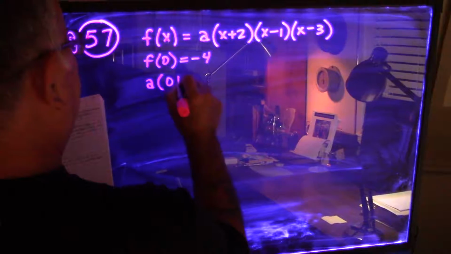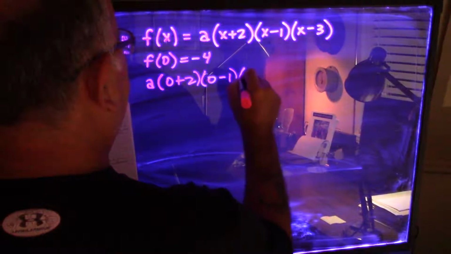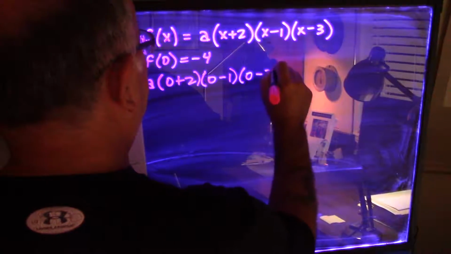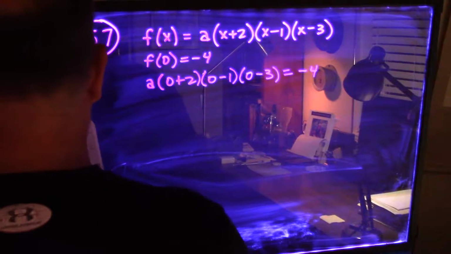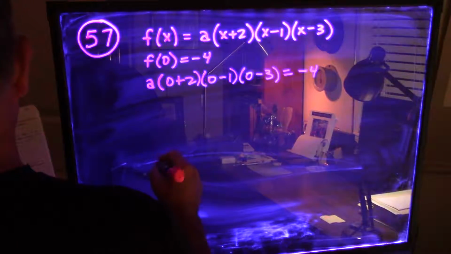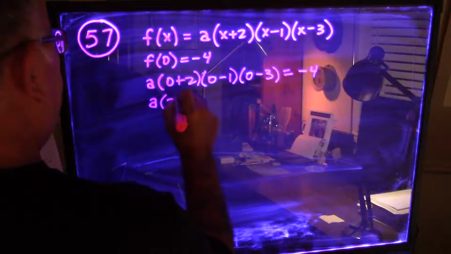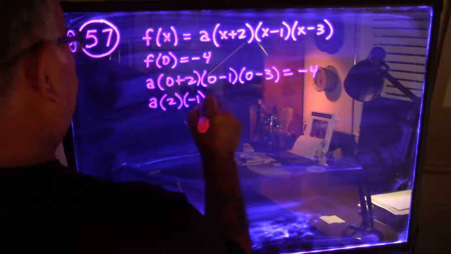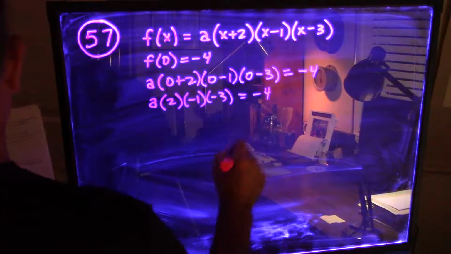A times (0 plus 2)(0 minus 1)(0 minus 3) equals negative 4. All right, that's f of 0 right here. And so we've got a times 2 times negative 1 times negative 3 equals negative 4.